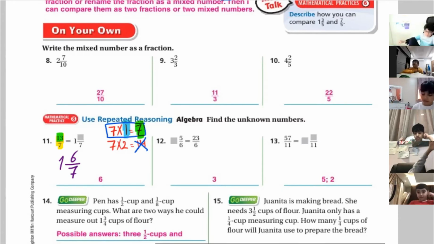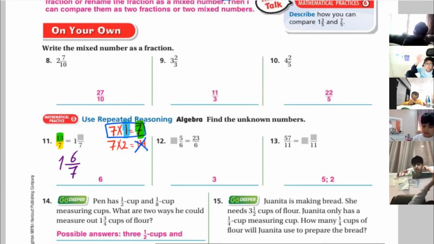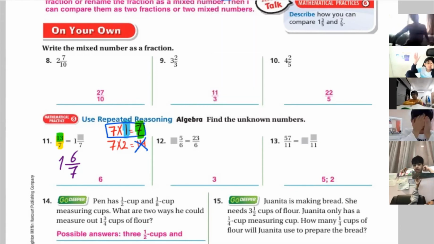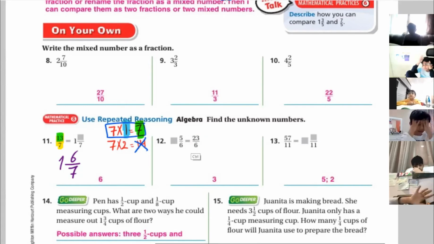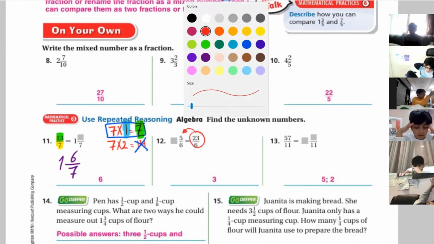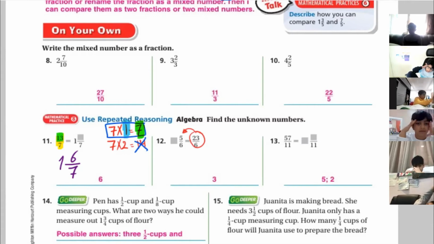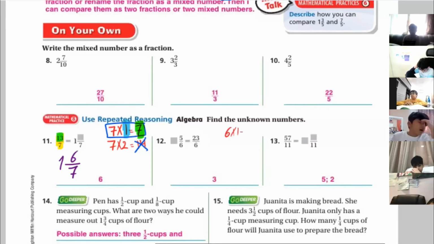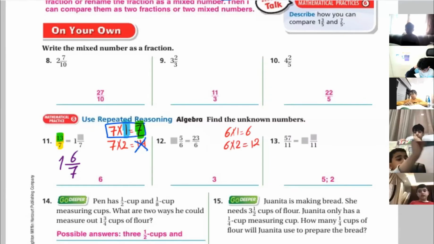Okay, so we have here 23 over 6, and we want to convert it into a mixed number. We will see how many times 6 fits in 23. 6 multiplied by 1 equals 6. 6 multiplied by 2 equals 12. 6 multiplied by 3 equals 18.